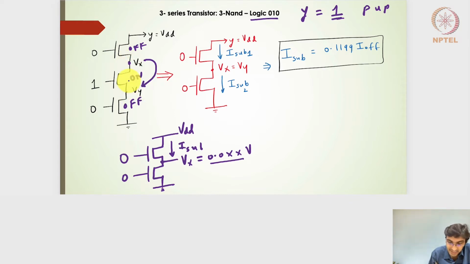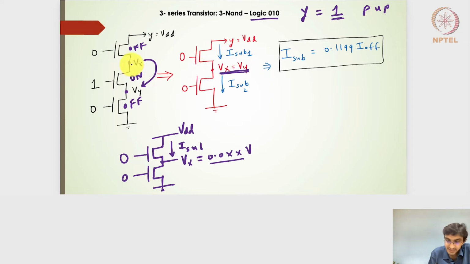Even though I have written Vx and Vy as two different variables, because it's an off transistor here, the Vx value will be very low. So a low value here is going to be reflected in the Vy value, so we will have Vx equal to Vy.